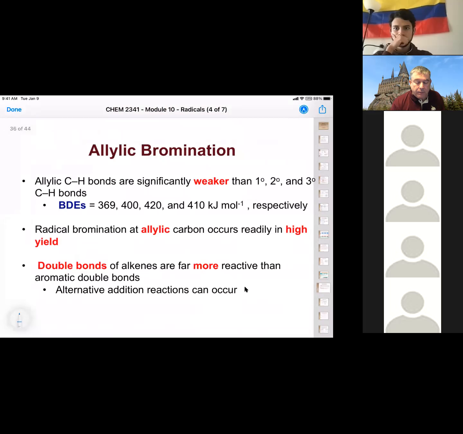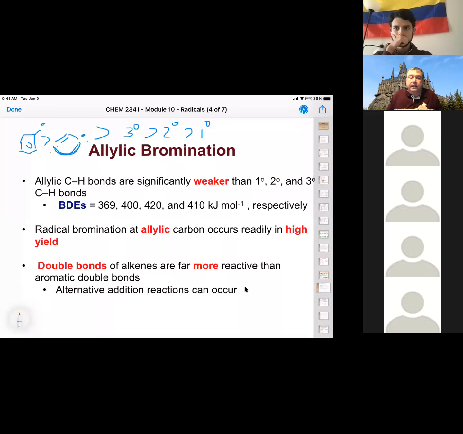we had benzylic radicals and then allylic radicals, which had greater stability than our tertiary, secondary, and primary, right? The benzylic was more stable because we had 4 places to put it on. The allylic is more stable because the radical can go back and forth between here.